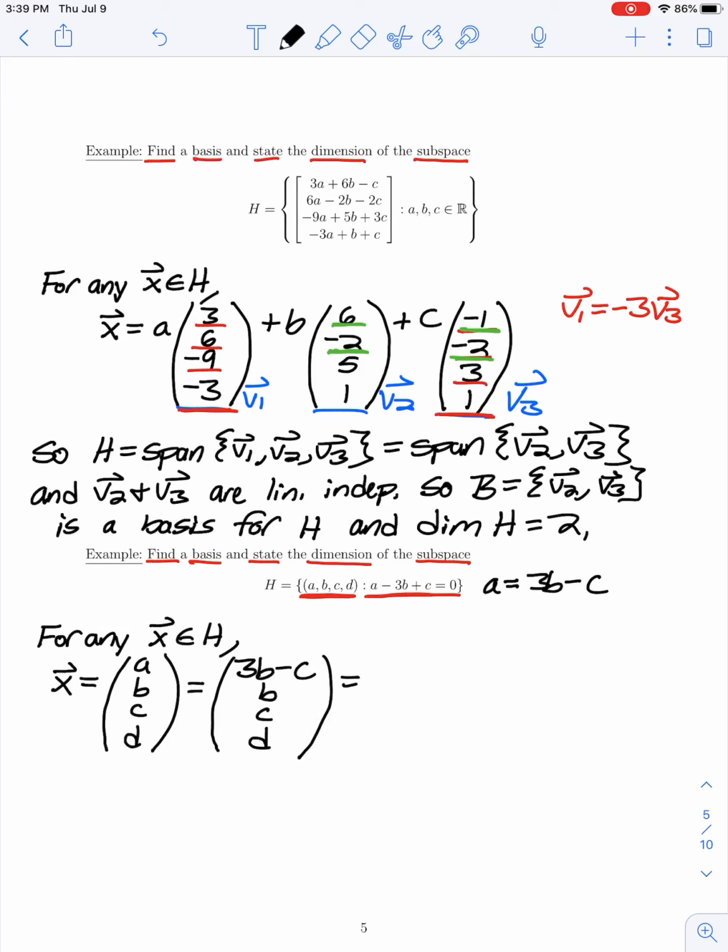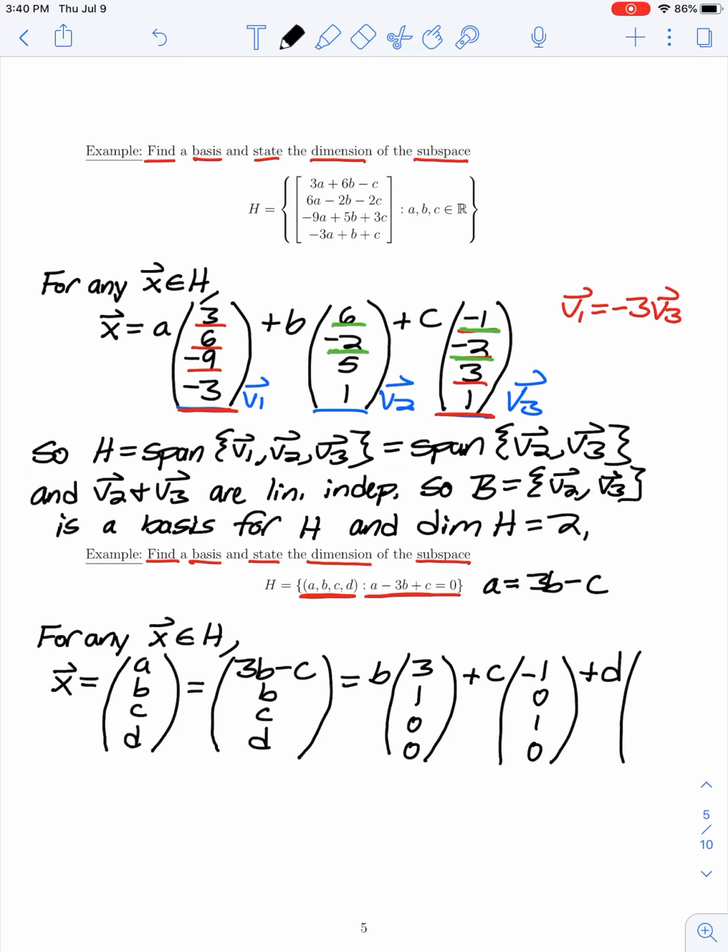So we can decompose this as a linear combination of vectors with weights B, C, and D. In particular, B times the vector 3, 1, 0, 0, plus C times negative 1, 0, 1, 0, plus D times 0, 0, 0, 1.